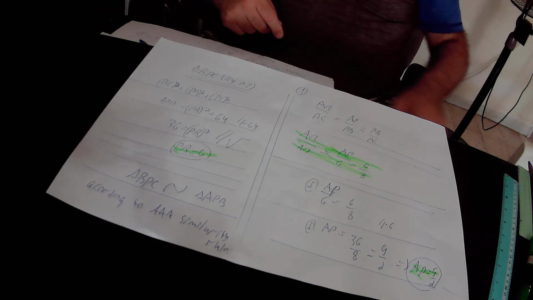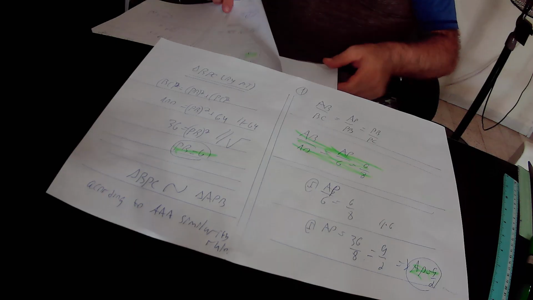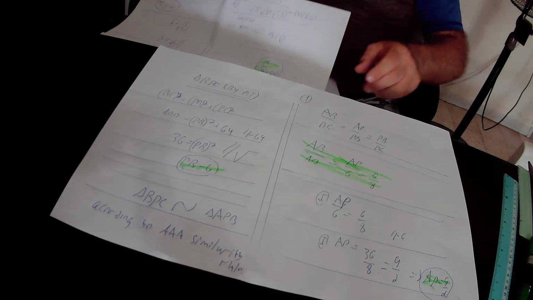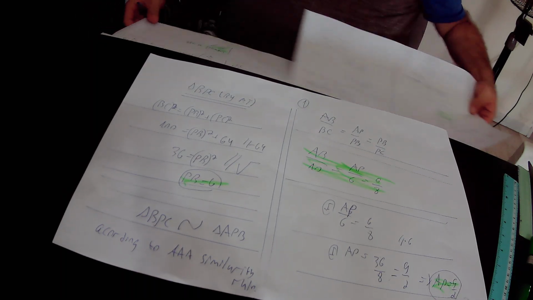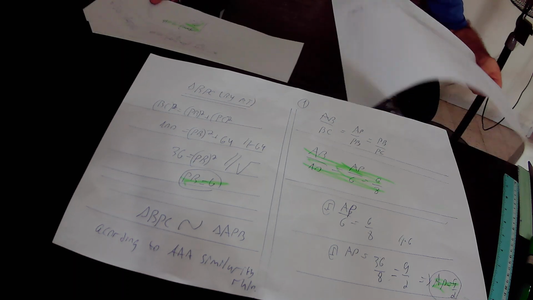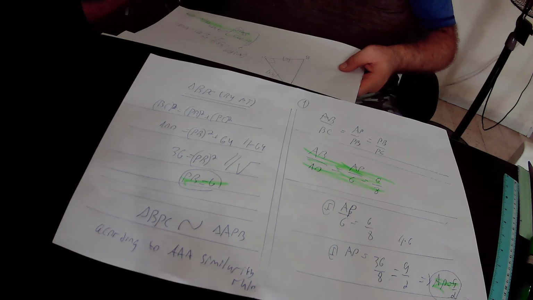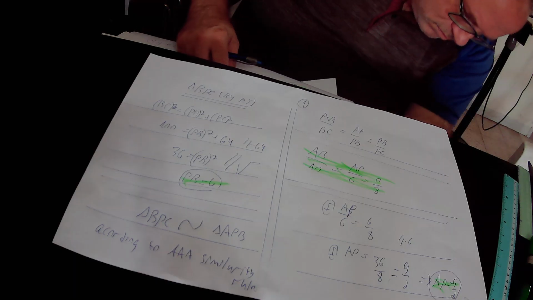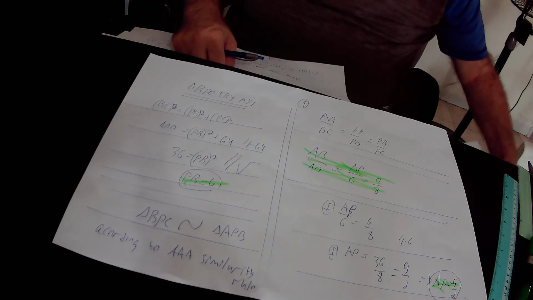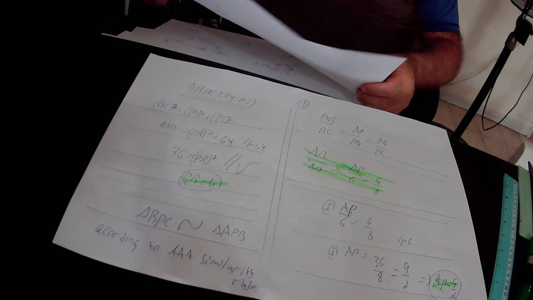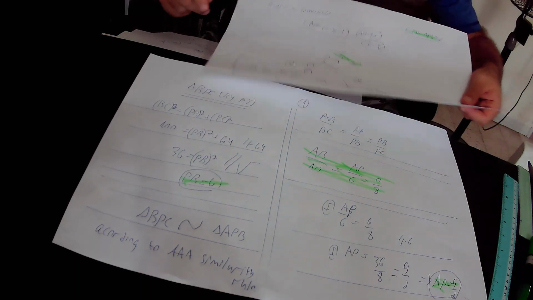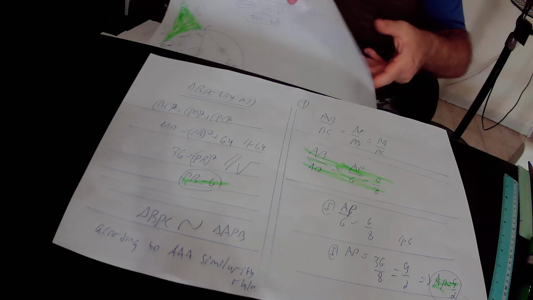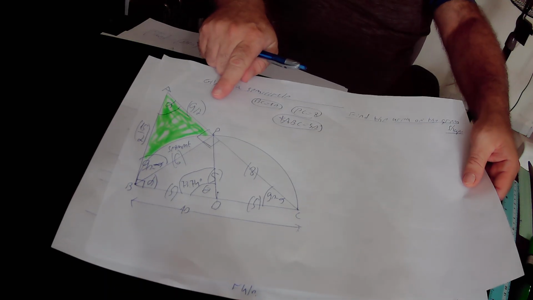This is side AP, and it equals 9 halves.